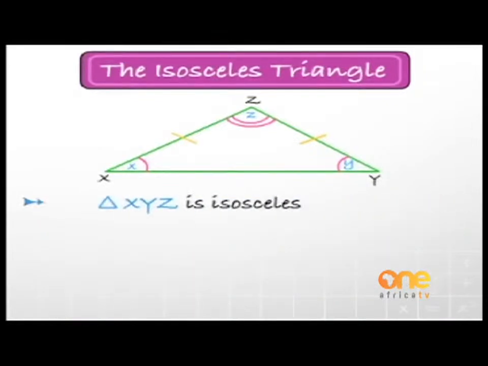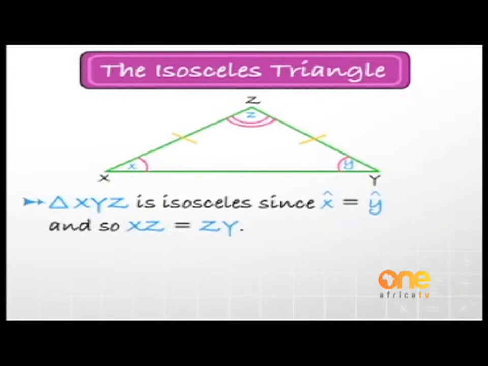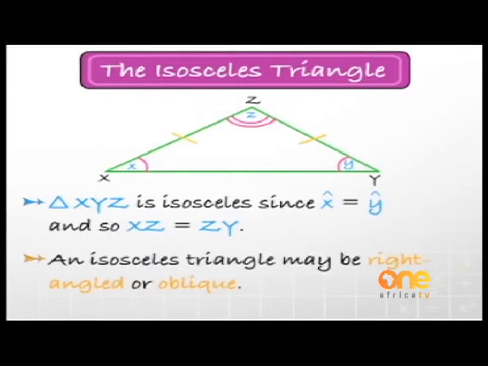In the diagram, we can see that triangle XYZ is isosceles since angle X is equal to angle Y, and so side XZ is equal to side ZY.